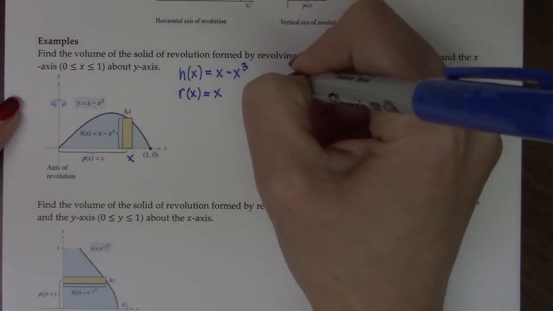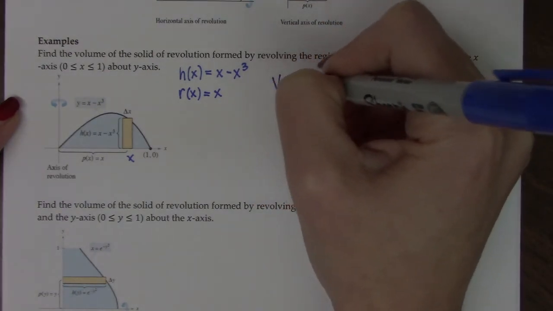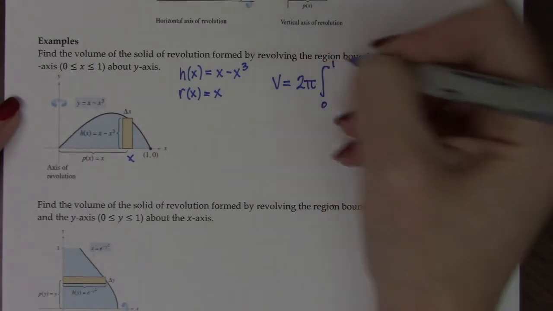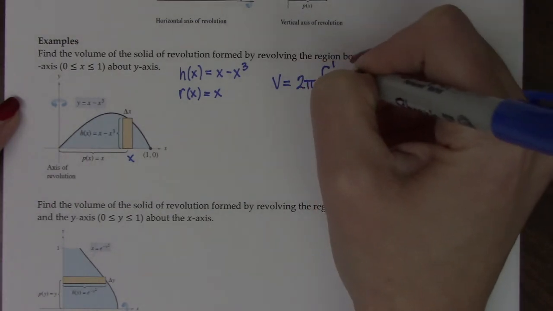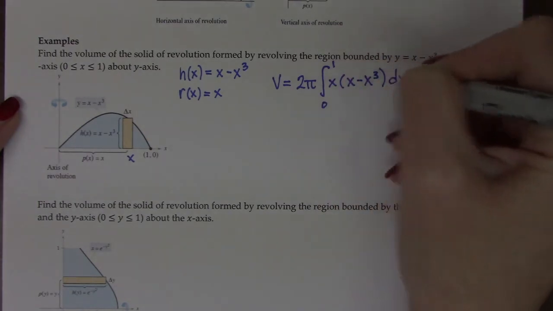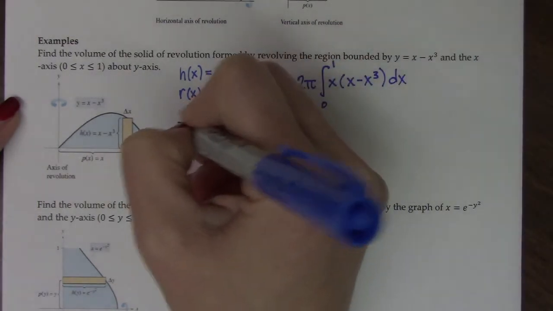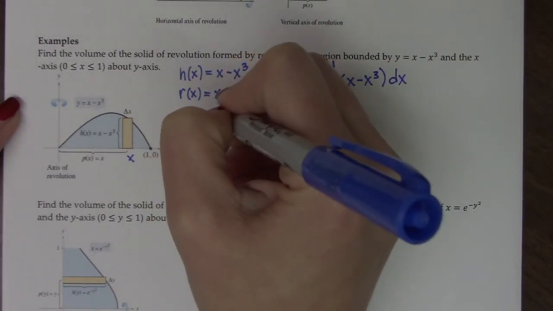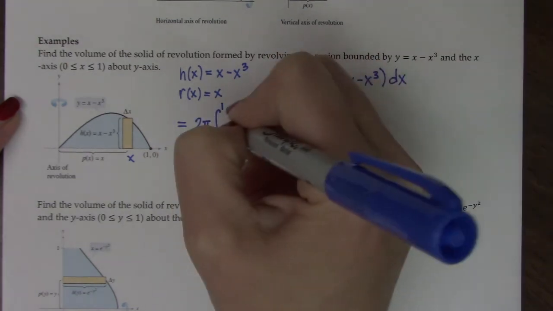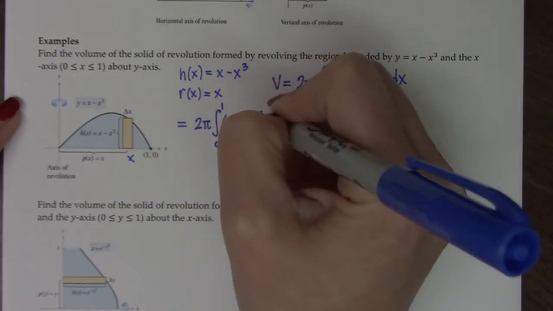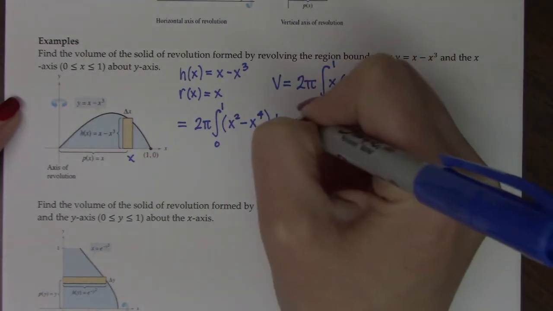So if we set up the volume of revolution, we're going to get 2 pi. The bounds on x are 0 to 1, and it's going to be x times x minus x cubed dx. I can distribute out the x to make it easier to integrate. So I need to integrate x squared minus x to the 4th dx.